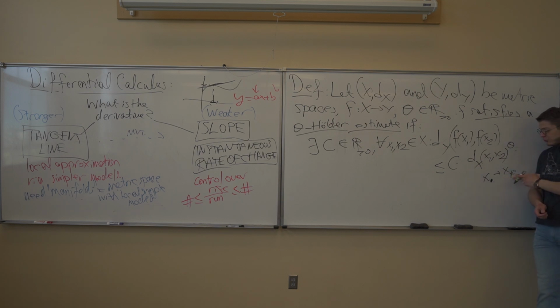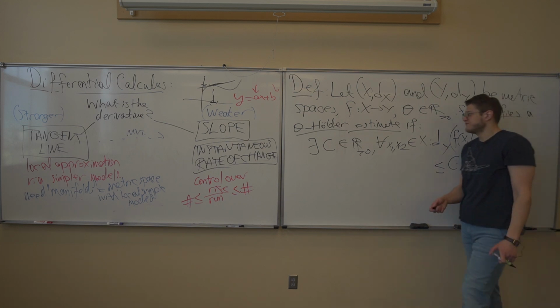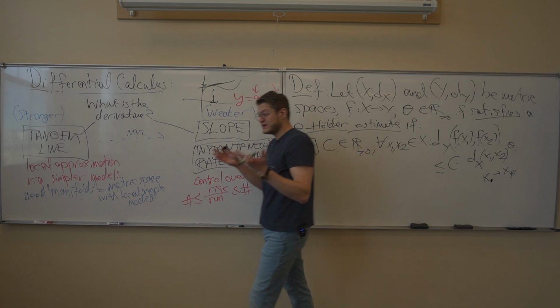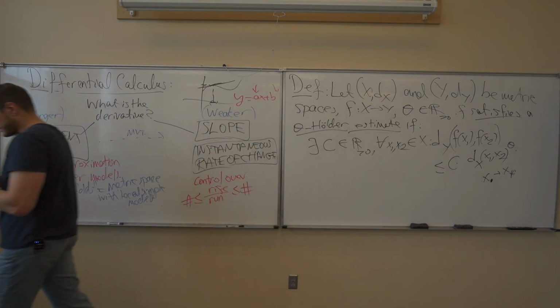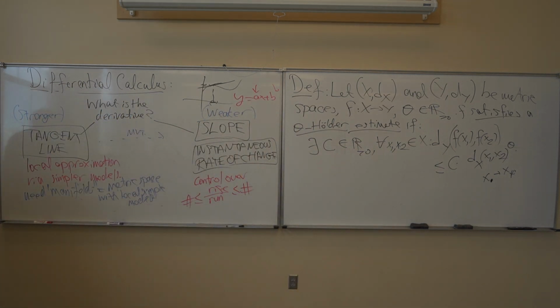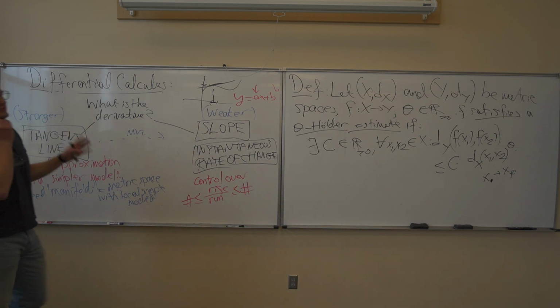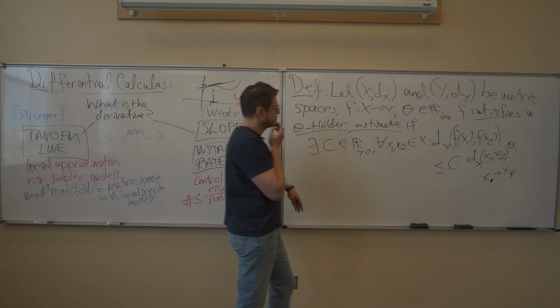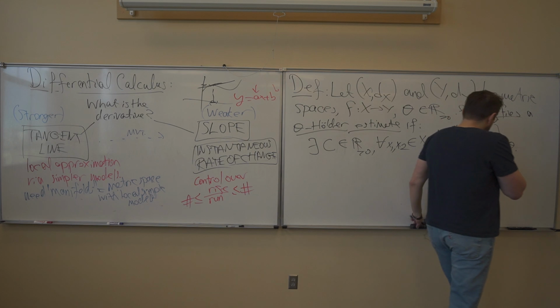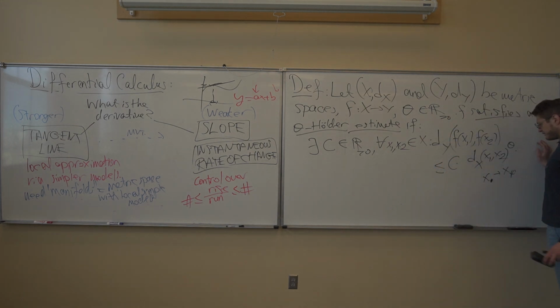But as this sequence approaches, this distance is going to decay, which means that the distance between the images are going to decay. Okay? So any theta-Hölder function is continuous at the very least. Okay? It's in fact more. It is uniformly continuous, but we didn't talk about uniform continuity that much, so I don't want to spend too much time on that.